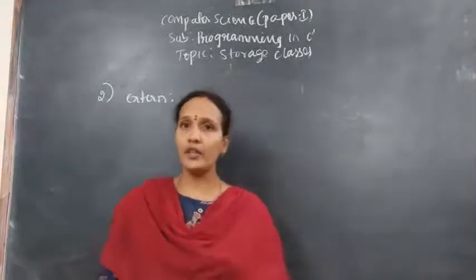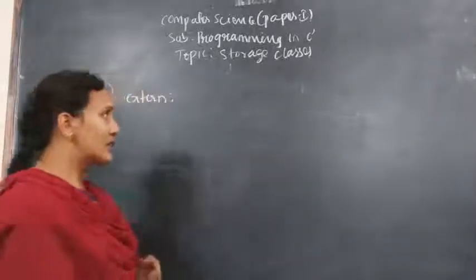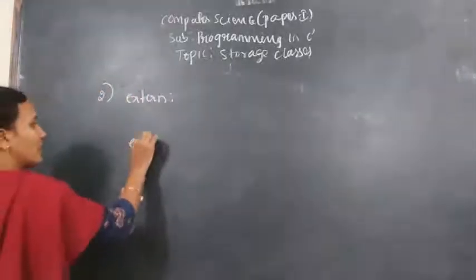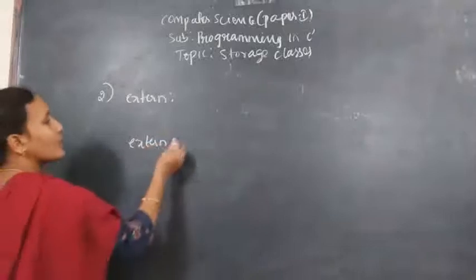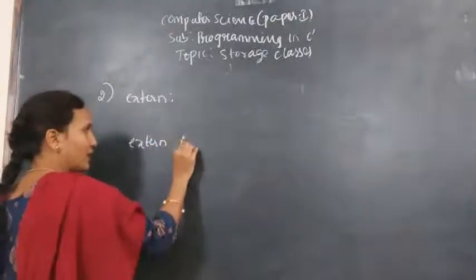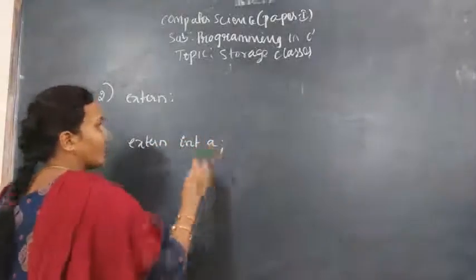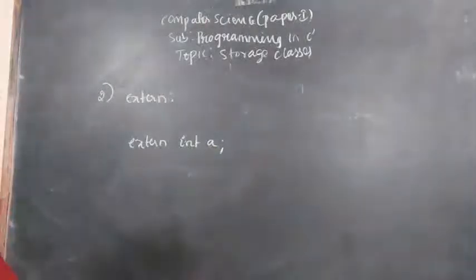All external variables start with the extern keyword: extern, data type, name of the variable. For example, this variable I have not declared in my program; I am taking that variable from another file outside.